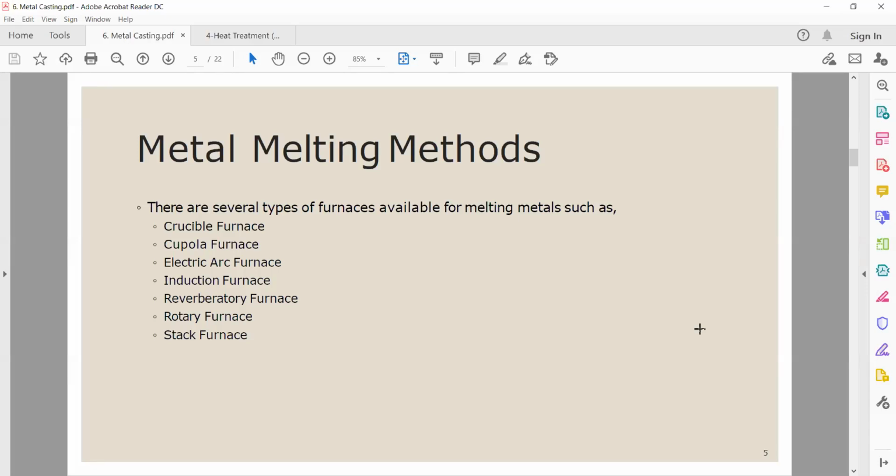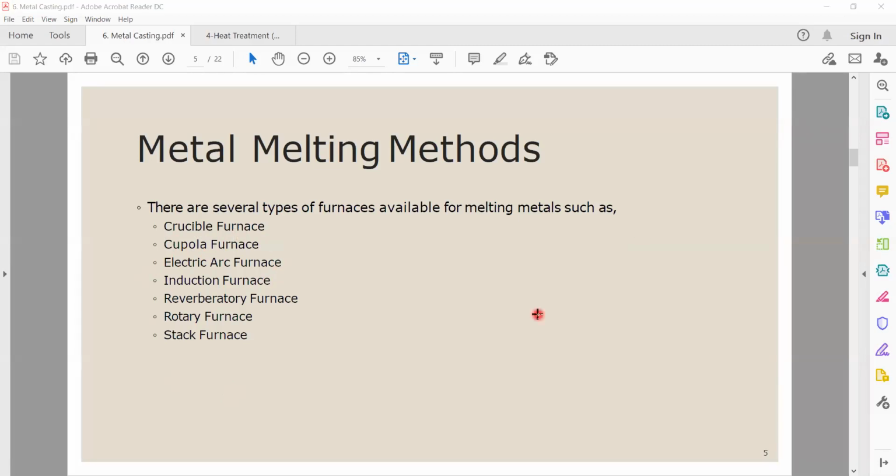For this process, there are different types of furnace available. They are the cupola furnace, the crucible furnace, and the induction furnace. In the case of induction furnace, definitely this furnace has induction coils. In electric arc, you are using electricity for your heating, right?